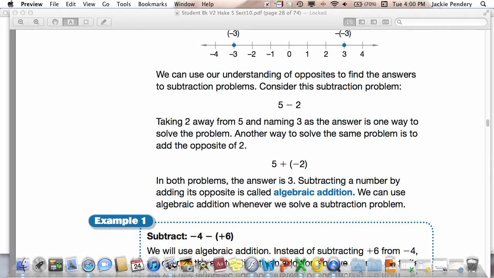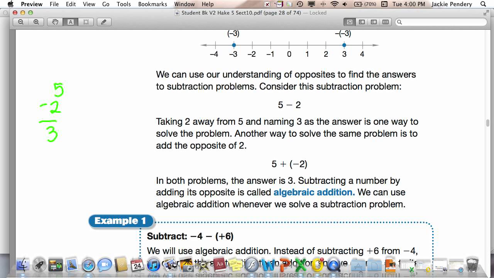Okay, so let's use that to look at this little problem right here. So we can talk about 5 minus 2. We all know that 5 minus 2 equals 3. And we know that because if we draw a number line, we have 1, 2, 3, 4, so 5, 4, 3, 2. If we start at 5 and we take 2 away, we move to the left 2 numbers, we end at 3.